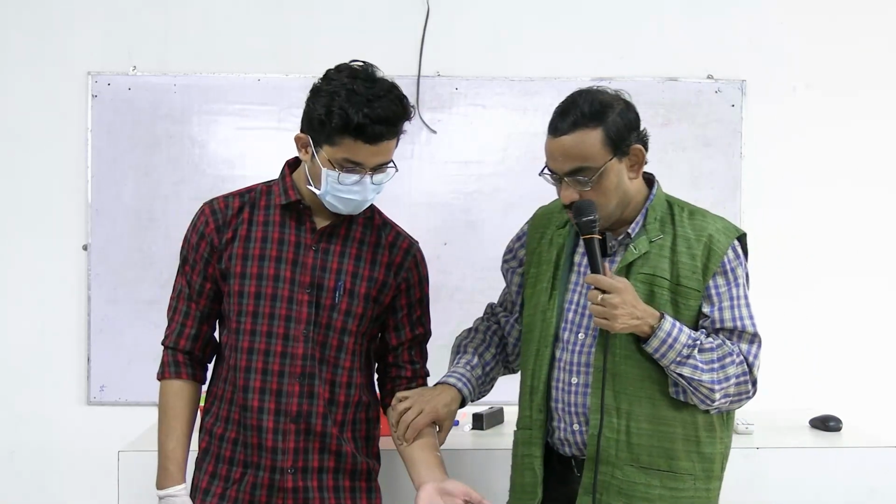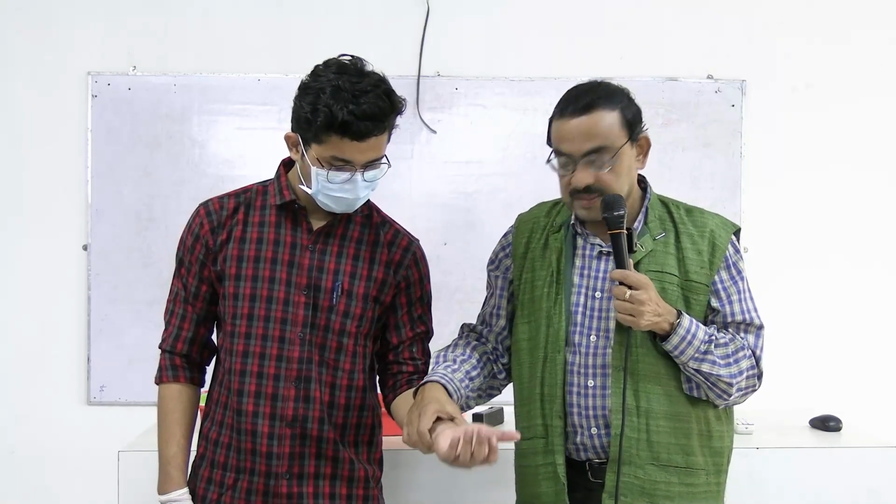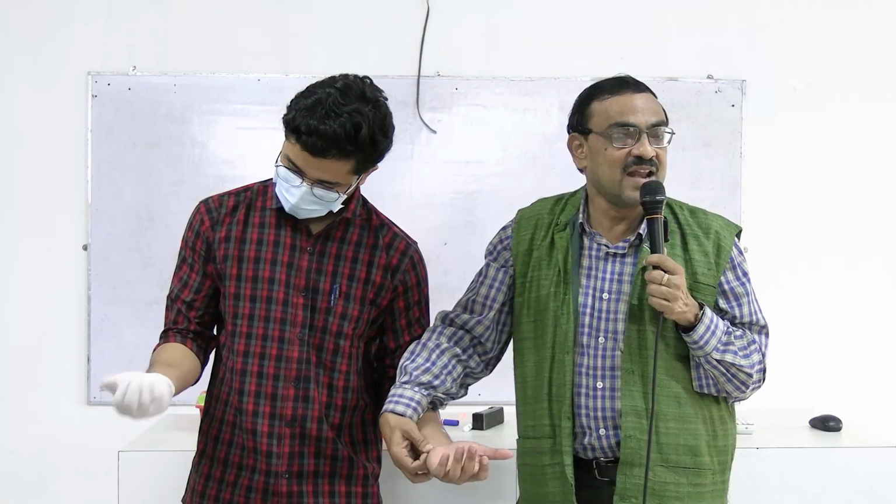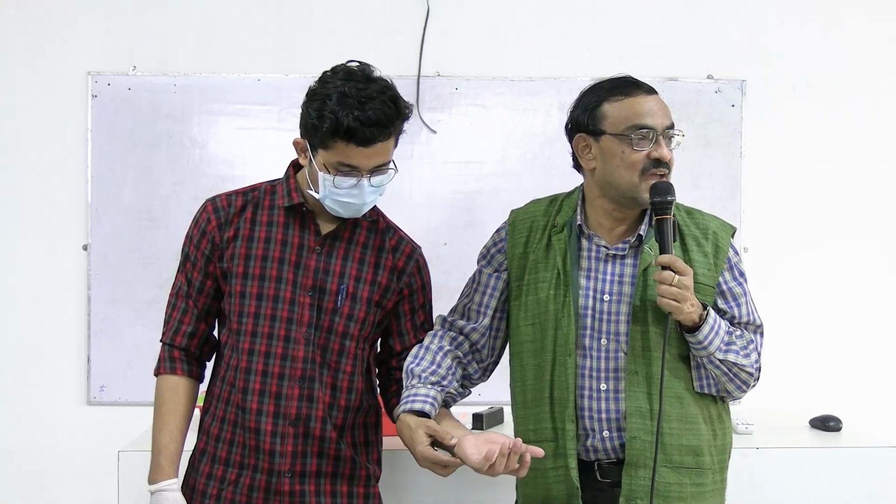Next, pisiform bone. We can flex the forearm and I can feel the tendon of the flexor carpi ulnaris here, and it ends at the round shaped bone that is nothing but the pisiform.